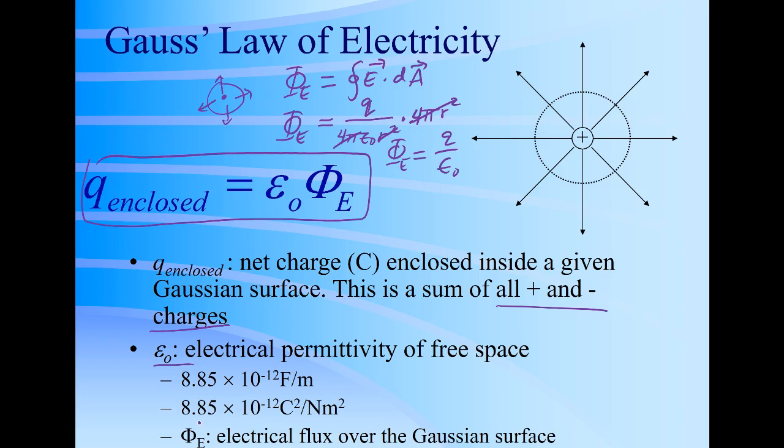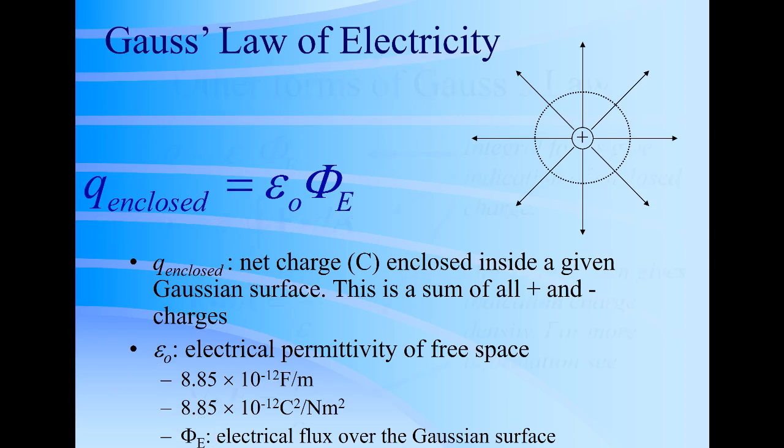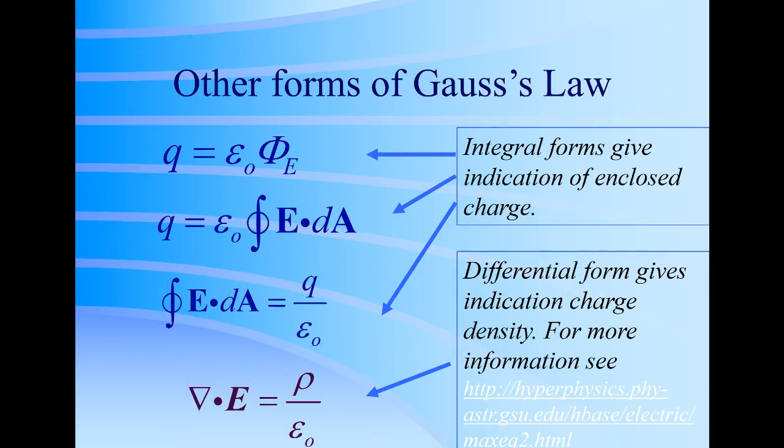Hopefully it's not too cut off, but the flux is right down there. That tells us that Q enclosed is epsilon naught times the flux. This is a very simple form, but it's very powerful because it tells us the relationship between charge and flux. So let's look at this in a couple of different formats.